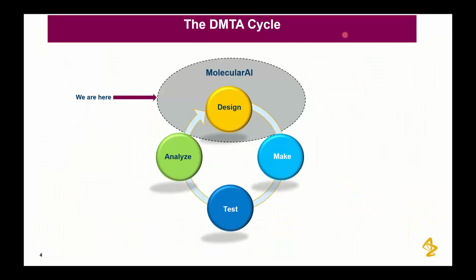I suspect that if you've been attending other drug design related talks, you've seen that DMTA cycle, and DMTA stands for Design, Make, Test, and Analyze. It seems like a very simple representation, but there is a lot of complexity behind it.